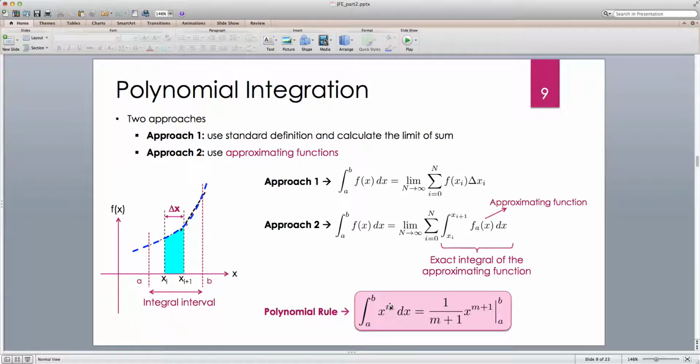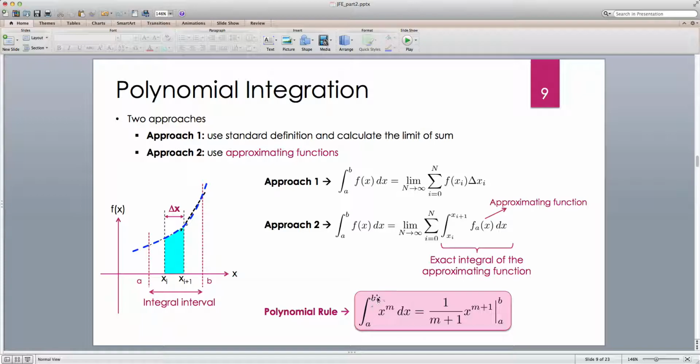So for x to the m, you increment the power by 1 and divide by the new power m plus 1. So the integral of x to the m is x to the m plus 1 divided by m plus 1. And it's obvious if you're familiar with differentiation that the derivative of this function is exactly x to the m.